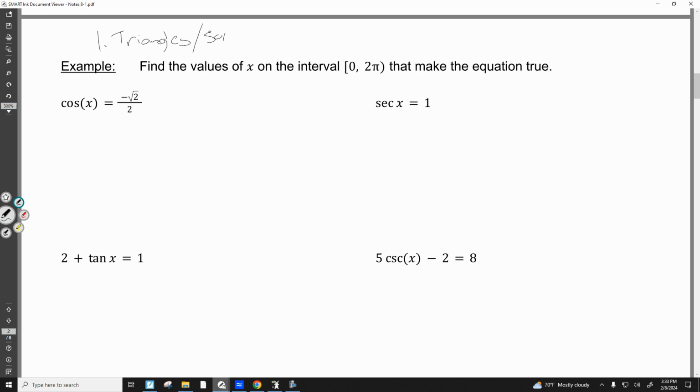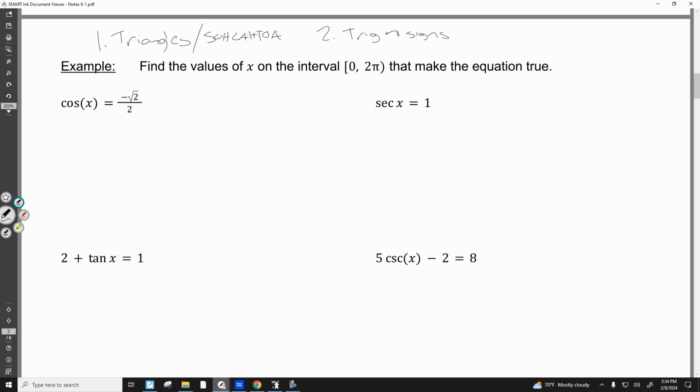You've got to know SOH CAH TOA. Two, you've got to understand which trig functions are positive and negative where. Because many of you screwed up on cosine x equals root 3 over 2. You told me pi over 6 and 5 pi over 6, but no, not that.